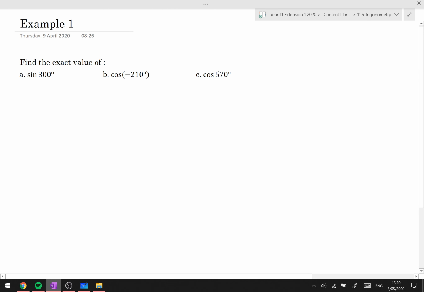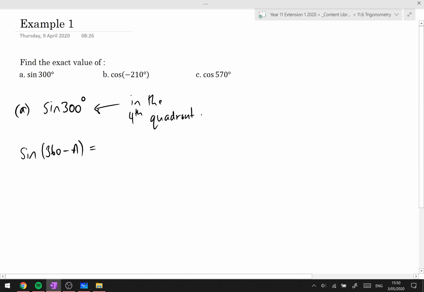Find the exact value of sine of 300 degrees. So first we need to decide, what quadrant is sine of 300 degrees in? Well, 300 is between 270 and 360, so this is in the fourth quadrant. The rule for the fourth quadrant is sine of 360 minus our angle is equal to the negative sine of that angle.